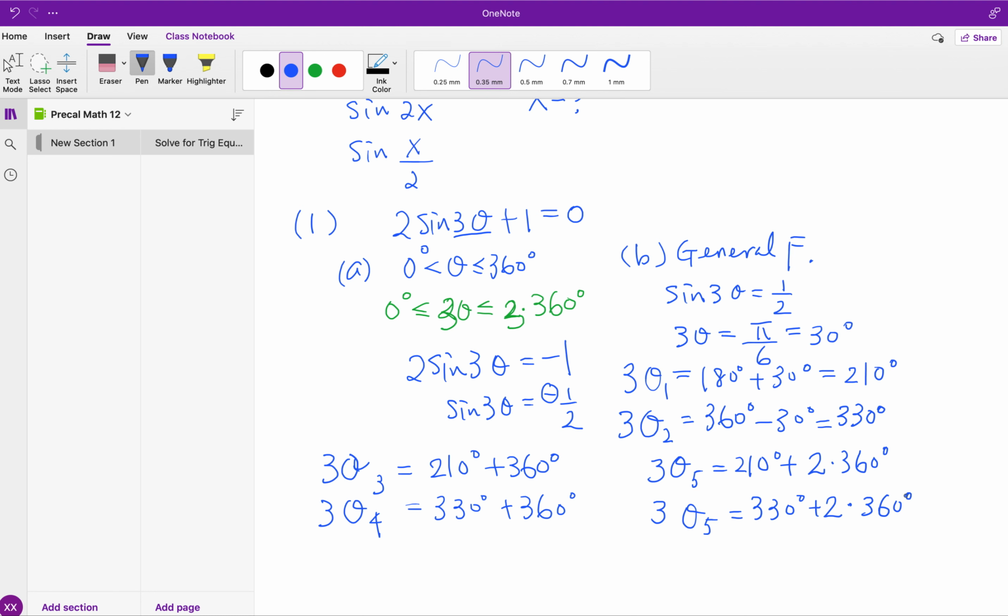In terms of how much theta is within the 360 degrees, let me change to another color. I just divide both sides by 3, both sides by 3.